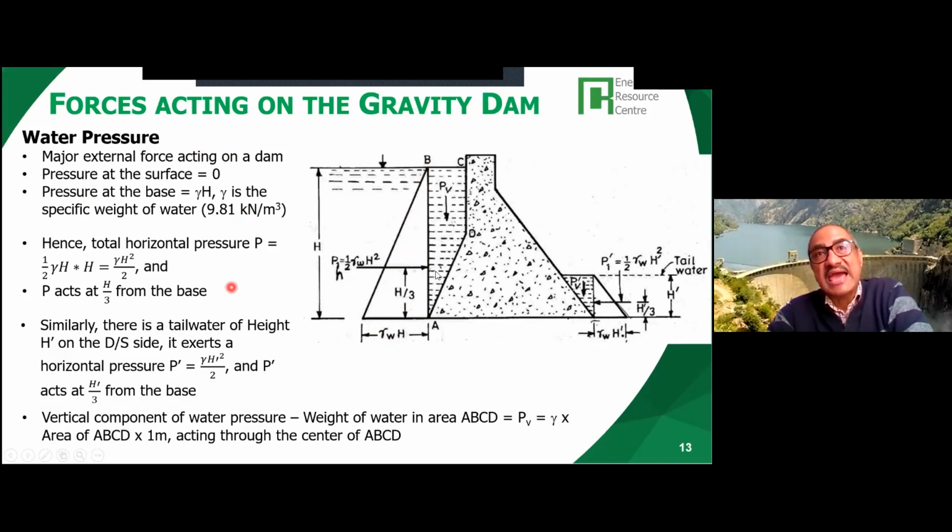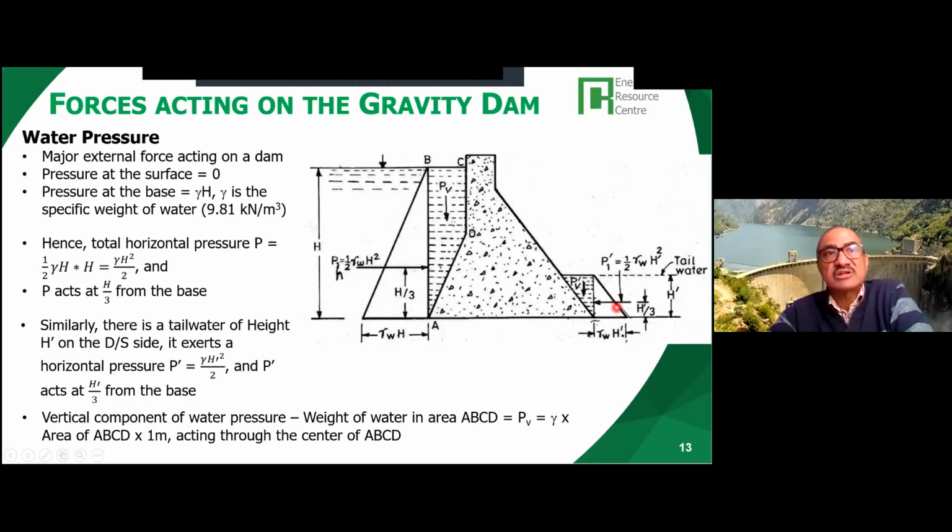The center of the thing will be at H by 3, where H is the upstream elevation, the depth of the water. So the area of this unit is half of gamma H squared, because half gamma H is the force here, the area here, this is H, and P acts at H over 3.